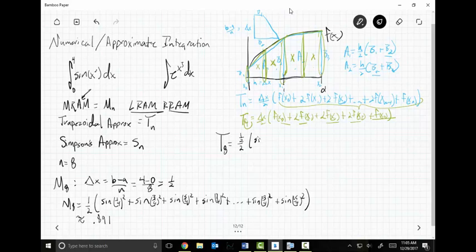So this would be sine of 0 squared. I'm going to write the whole thing out. You're going to hate me for it, but that's all right. Not the first time, right?